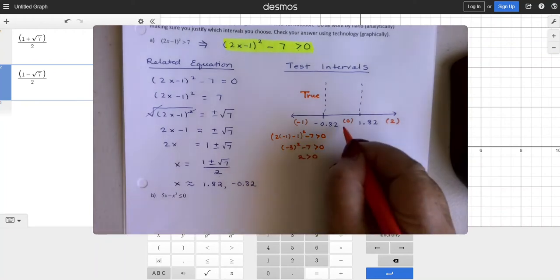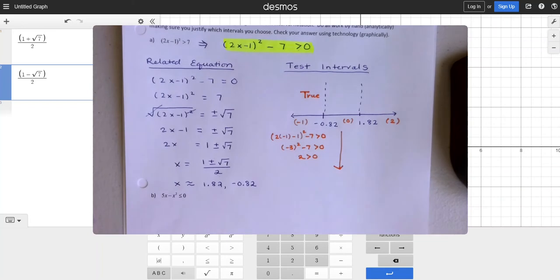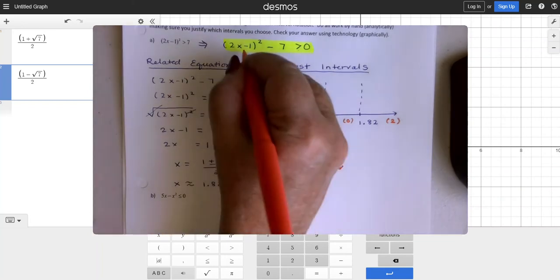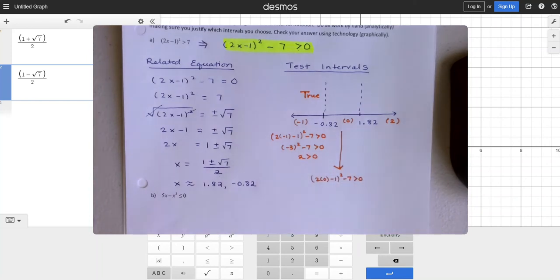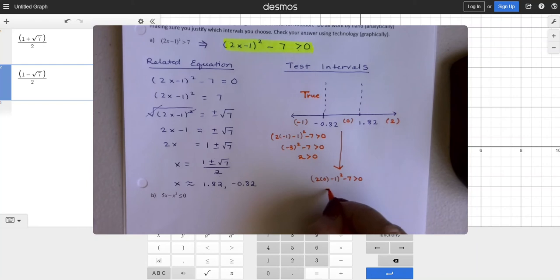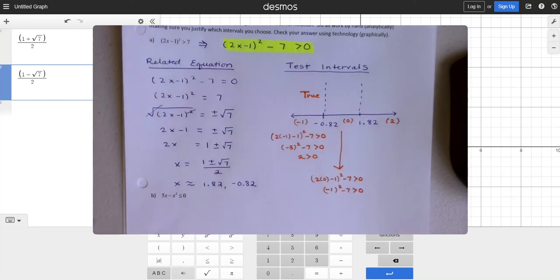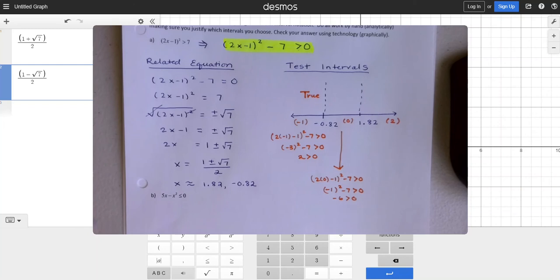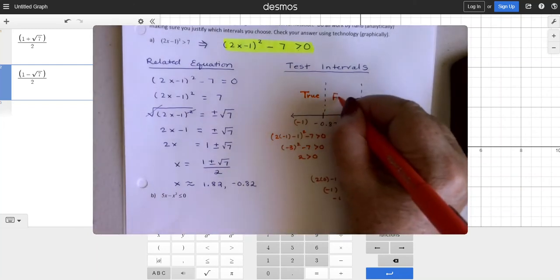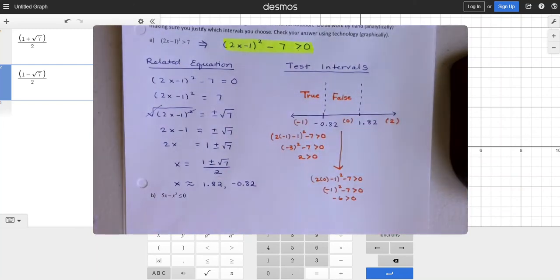All right, let's try 0 next. I'm going to put that one down here. If I plug in x equals 0, I'm going to get -1 squared minus 7, which I want to be greater than 0, but 1 minus 7, of course, is -6, and that is not greater than 0. So that would make my whole inequality false in that entire interval.